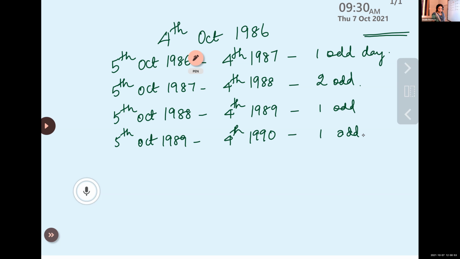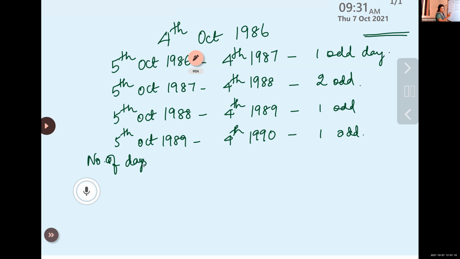Then next is from 5th October 1990 to 10th April, which we have to consider because we will not be getting a full year. So how many days are there? Listen, children. We are going to calculate the number of days.